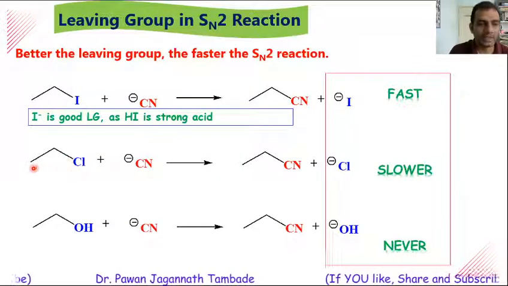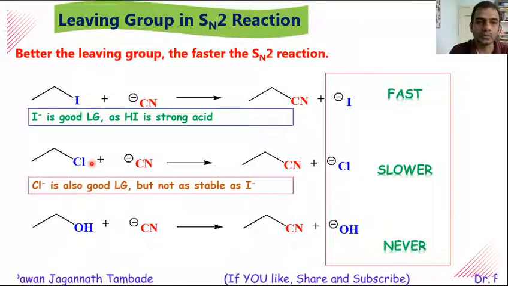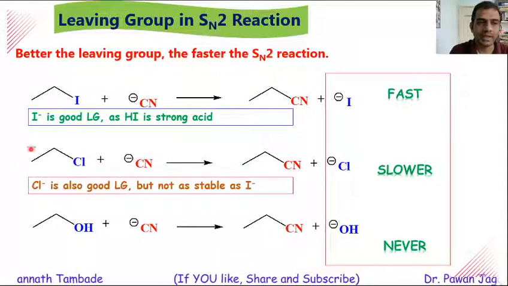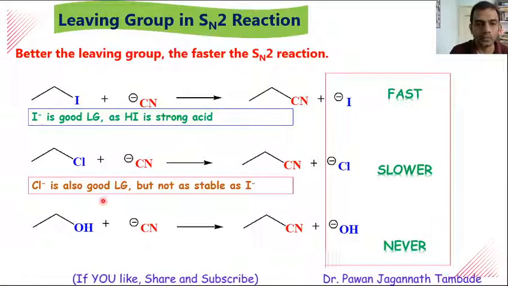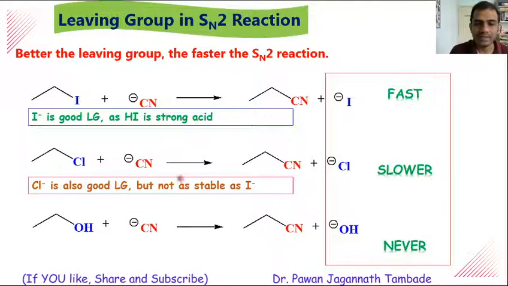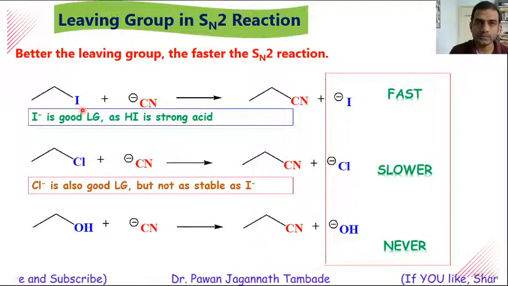However, if you look at this reaction, here chlorine or chloro is the leaving group, and if we compare this Cl minus with I minus, then I minus is a very good leaving group, and because of that, in this case the rate of reaction is slower as compared to the upper one.